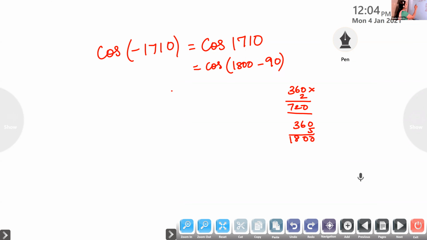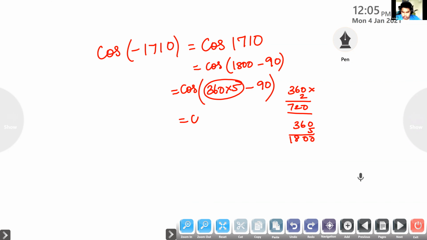Now, what about 1800? How can we write that? That is 360 into 5 minus 90. Again, a multiple of 360, so it becomes 0. So it is cos of minus 90. Again, the same formula. What is cos of minus theta? It is cos theta. It is cos 90.